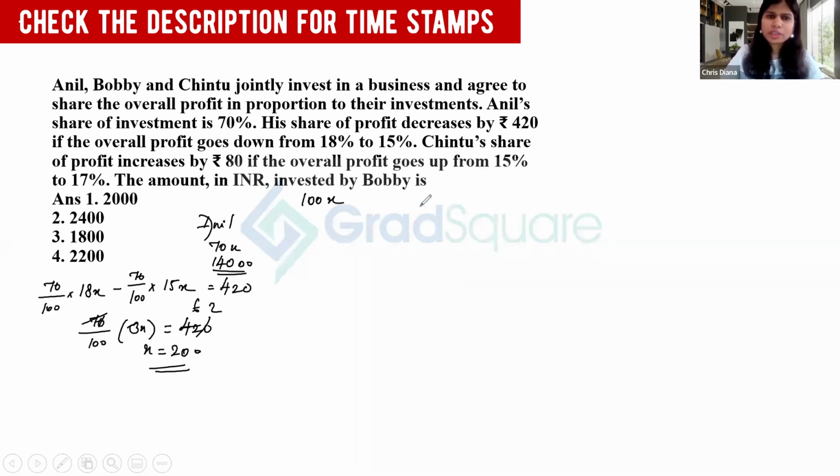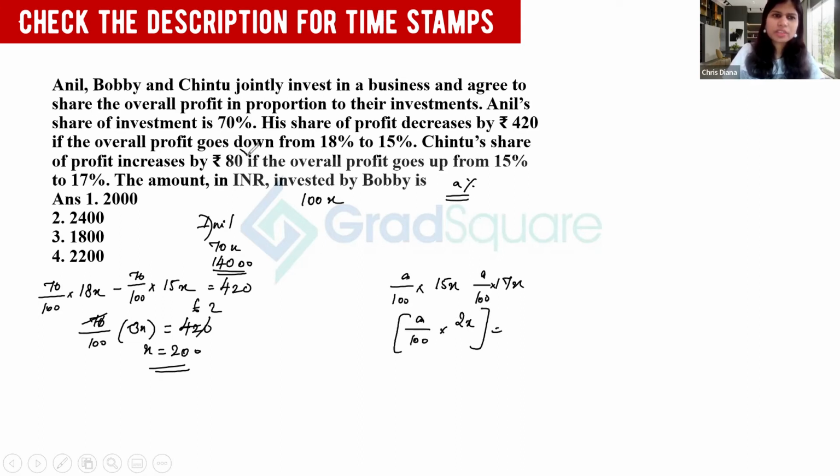If his investment was a certain percentage, I know that 15% of the investment is going to be 15x, and 17% of the investment is going to be 17x, and the difference here is going to be 2x. Here his share would have been a percentage of 15x, here a percentage of 17x, and the difference would have been a percentage of 2x. This difference, they have clearly said, is going to be 80.